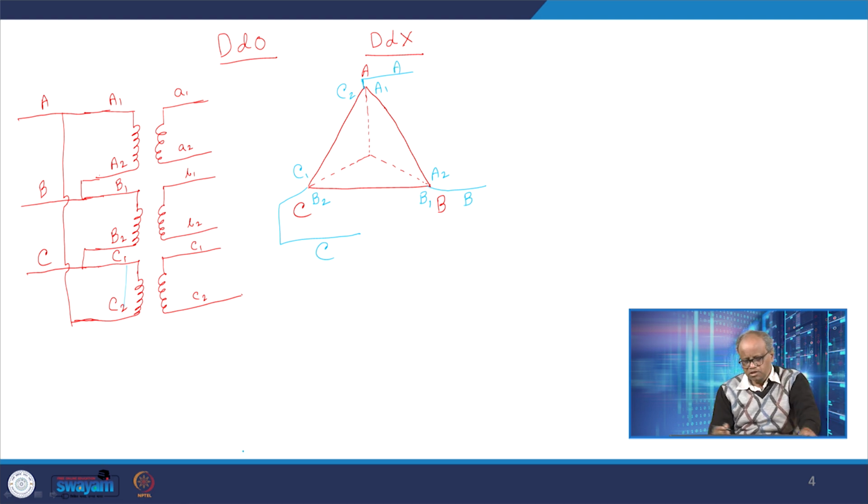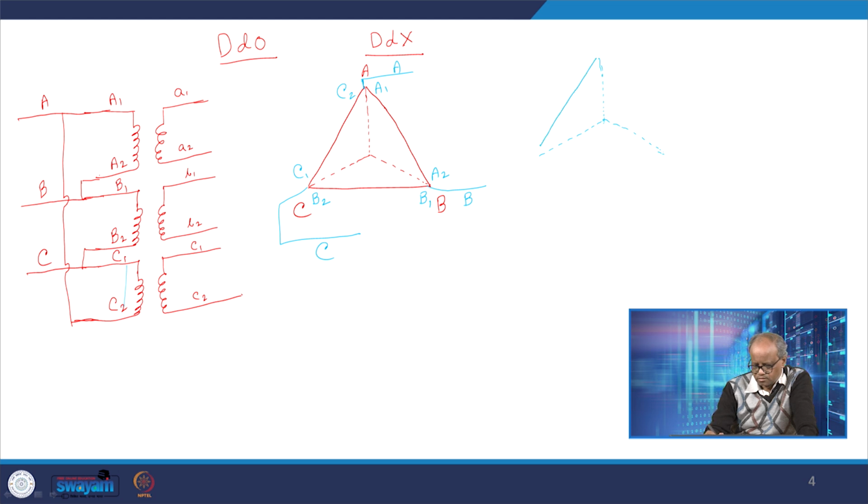Now because it is Dd0, at the secondary side also the phase A voltage of the secondary side would be in phase.